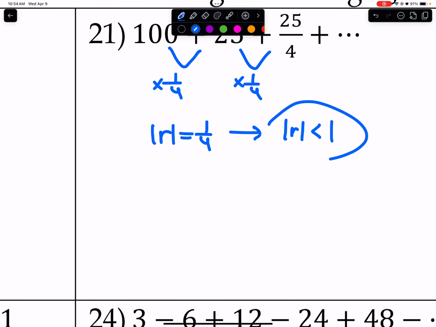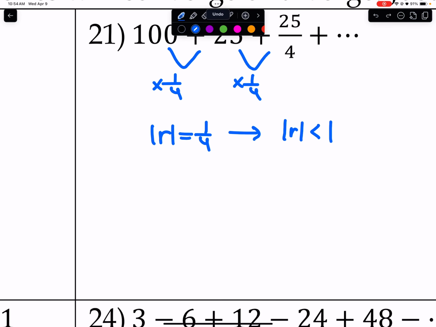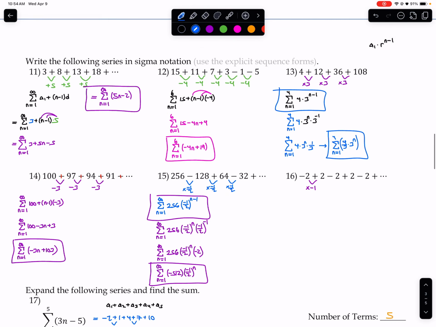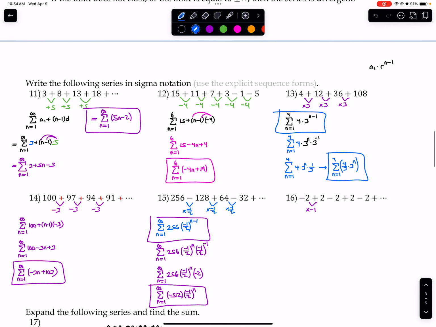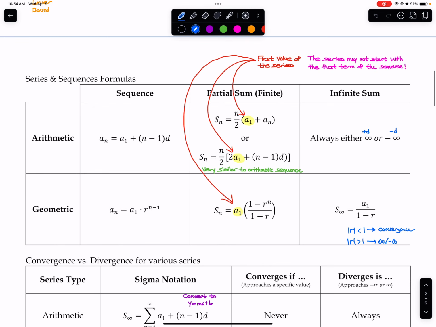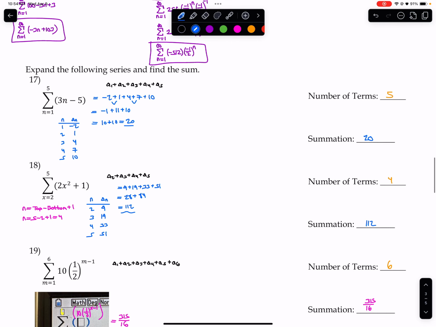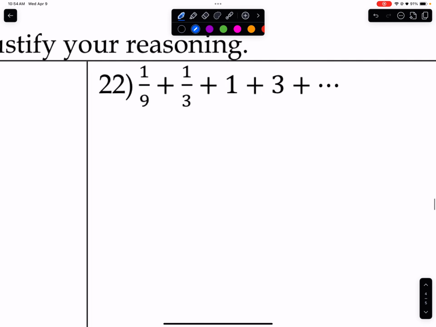So because the ratio is less than 1, that tells me it's going to converge. So whenever it's going to converge, that means I can actually evaluate and find what that infinite sum is going to be. And that infinite sum can be calculated using this formula right here, which we're going to get into actually finding these sums in the next lesson.